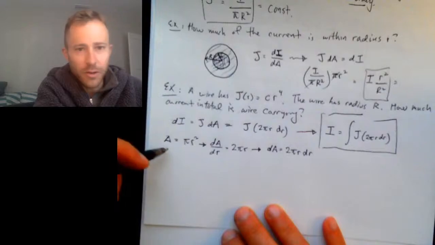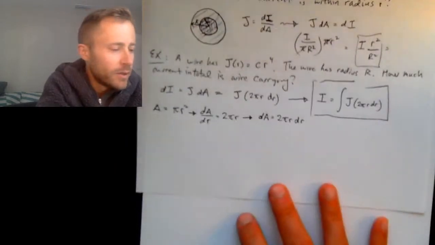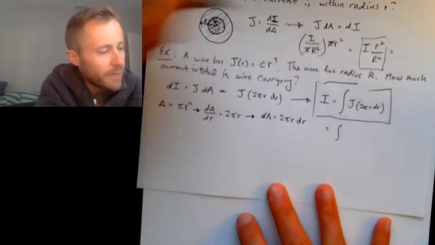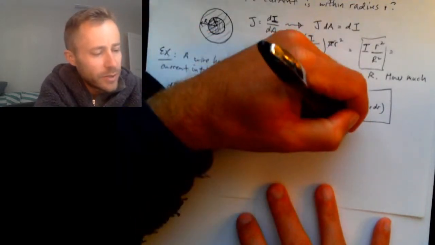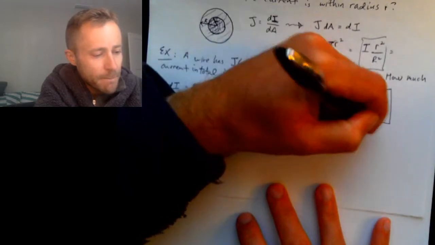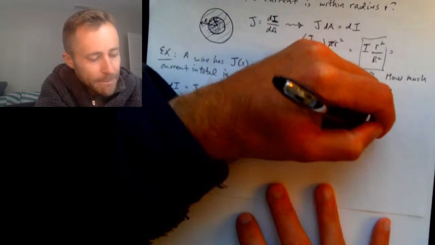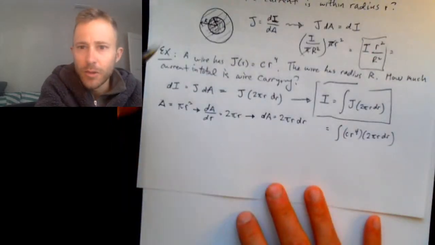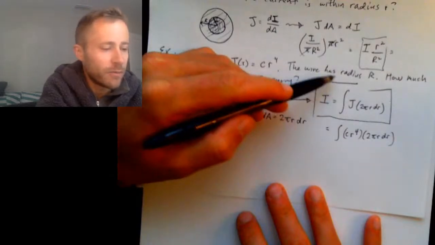So we have the area written like this. In this particular problem, J is C times R to the 4th, and we know that the wire has a radius of big R.